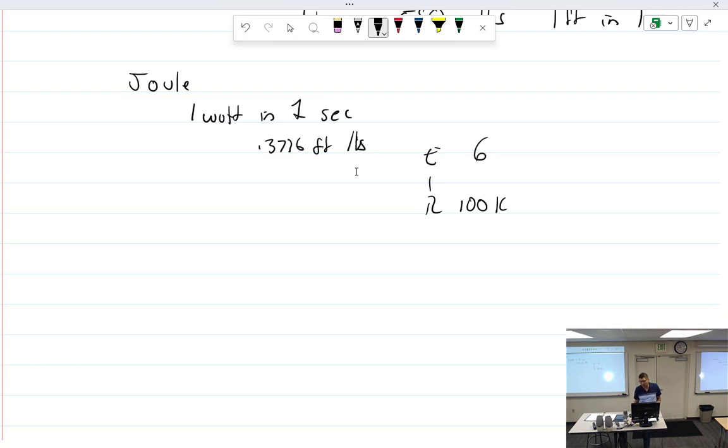For those of you who weren't paying attention, E equals I R, so I equals E divided by R. 6 divided by 100,000 is 0.06 milliamps, or 0.00006 amps. So we're a long way from there.